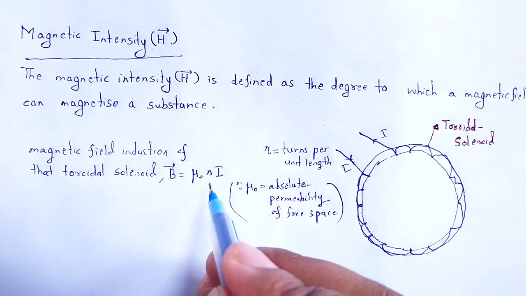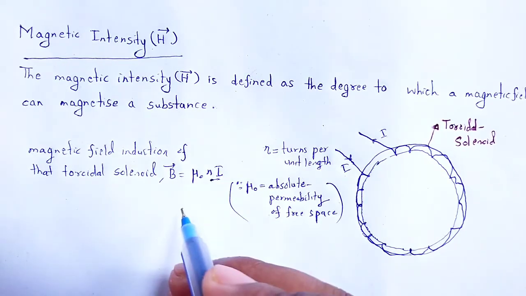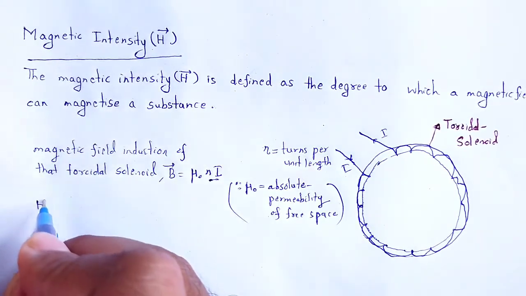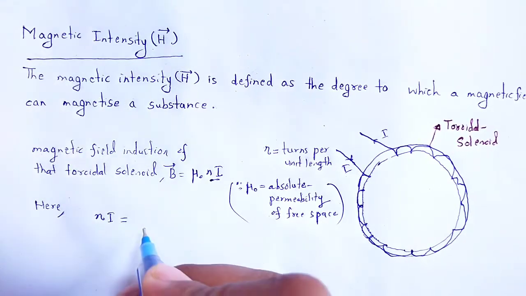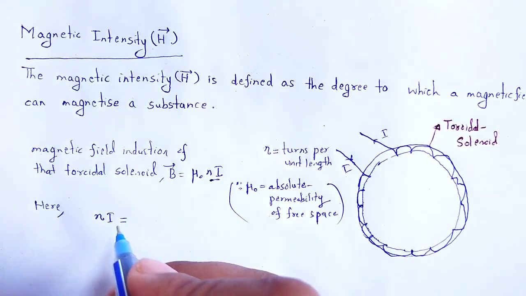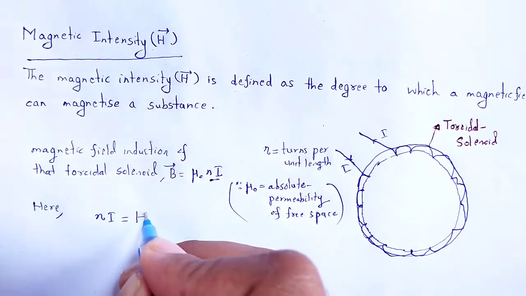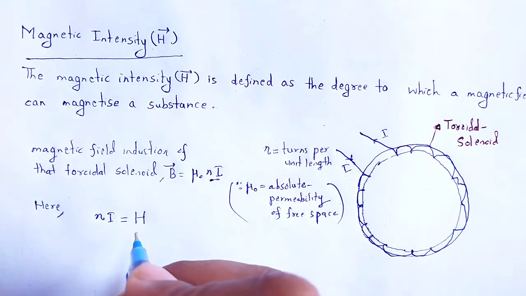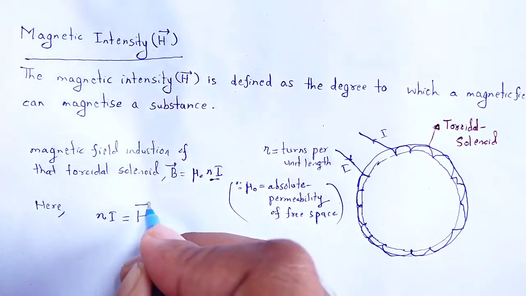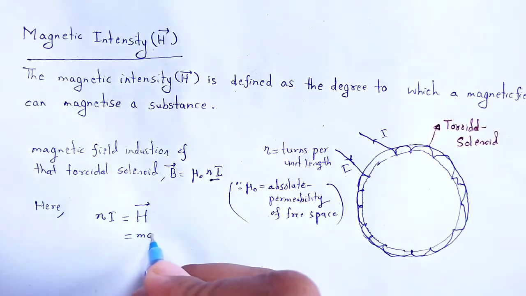Here the product n into I is known as magnetic intensity, that is H.